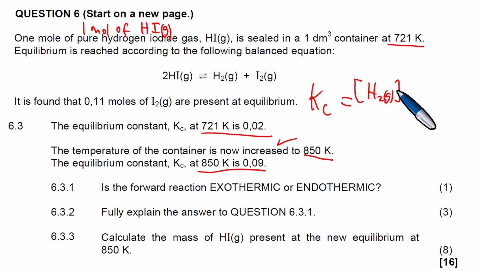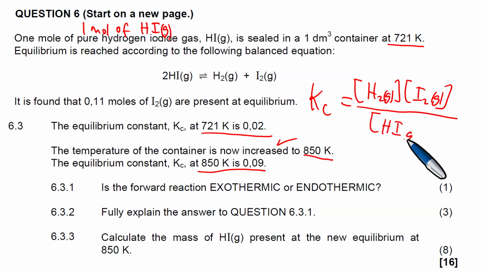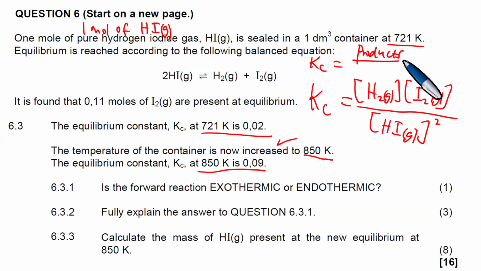And we know that Kc is the concentration of the products divided by the concentration of the reactants.